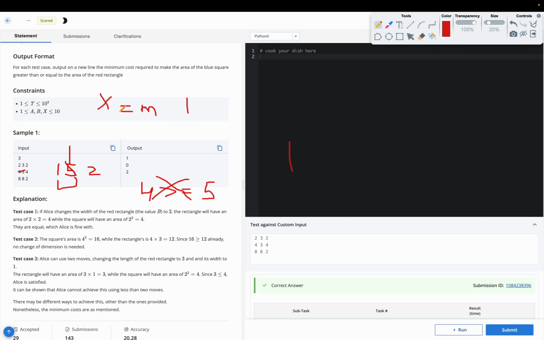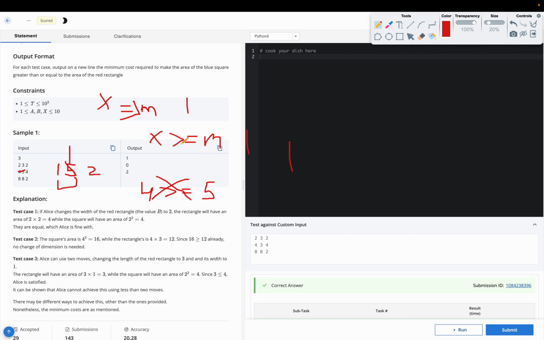So the minimum is less than or equal to x. So if my x is greater than or equal to the minimum, I will output 1 in this case.